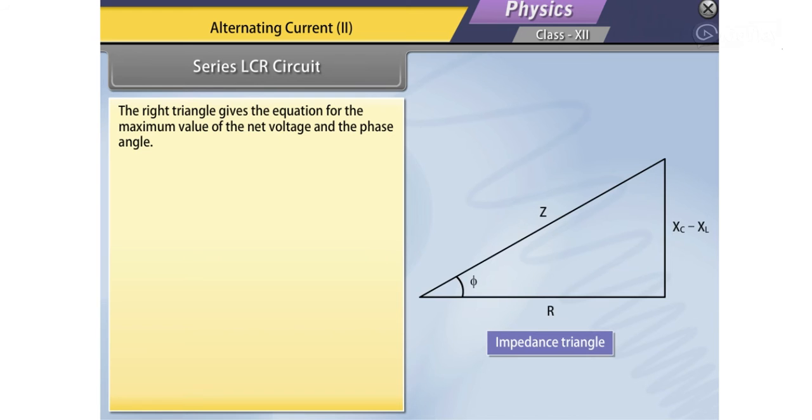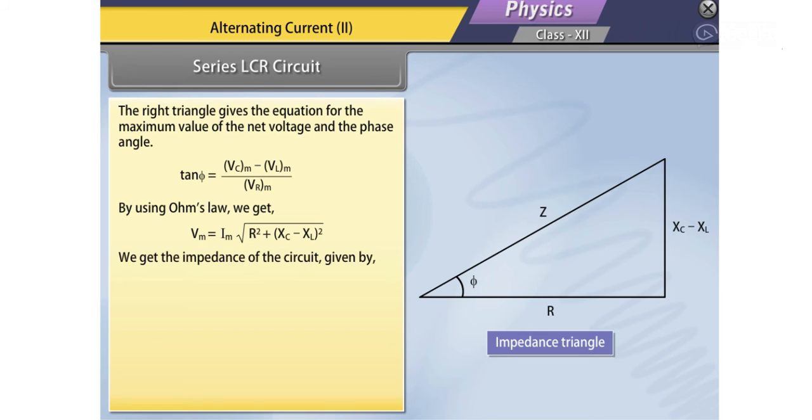The right triangle gives the equation for the maximum value of the net voltage and the phase angle. Tan phi is equal to (VCm minus VLm) upon VRm. By using Ohm's law, we get Vm is equal to Im multiplied by under root of R square plus (XC minus XL) square.